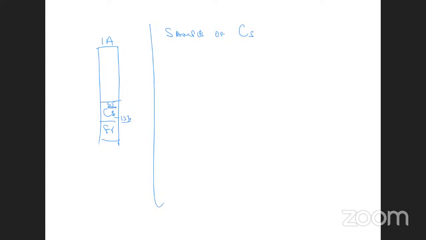A sample of cesium has 3 types of isotopes. If you are given this question, somebody tells you there are 75% atoms of cesium-133, and 20% of them in the sample would be cesium-132 and 5%, because then it comes to 100%, would be 134.